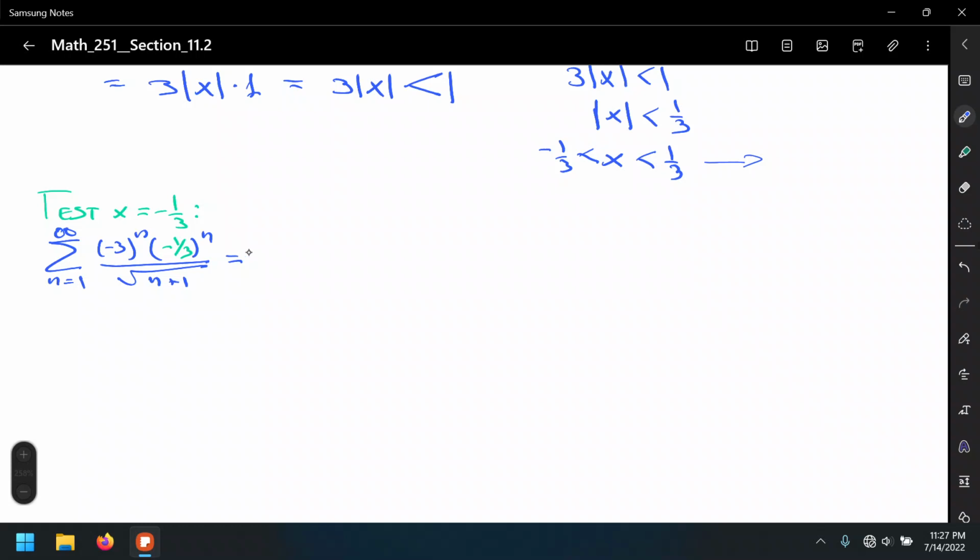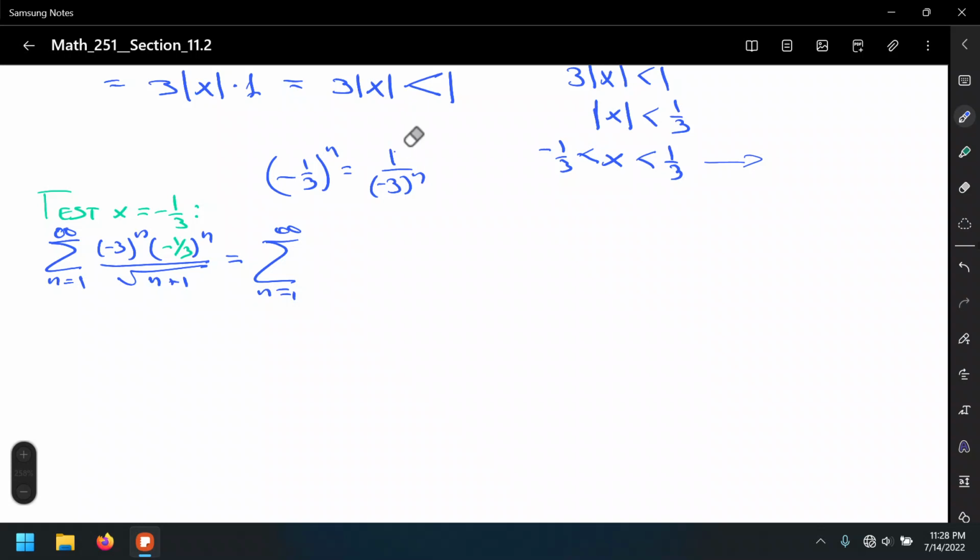So this negative 1/3 to the n is the same as negative 1 to the n, but actually, instead I'm just going to write this as 1 to the n and negative 3 to the n. I think it's easier to write it this way.